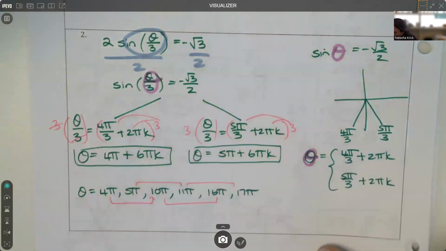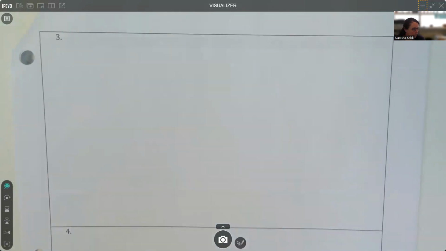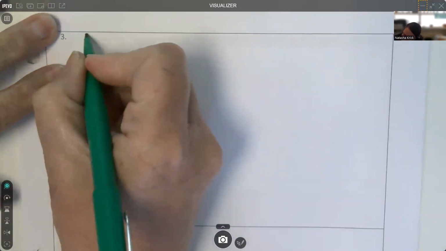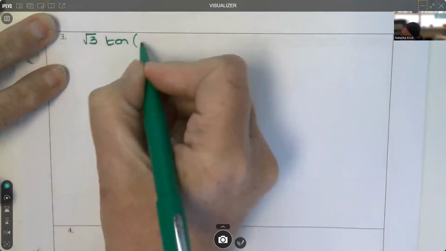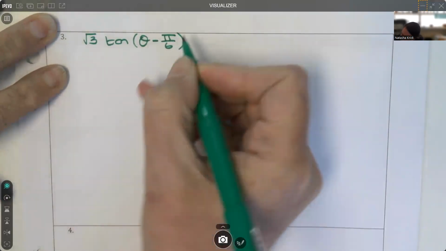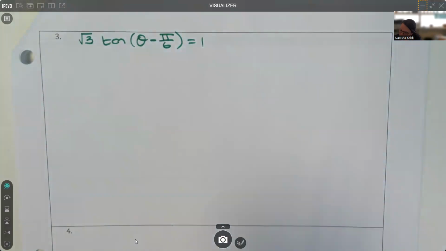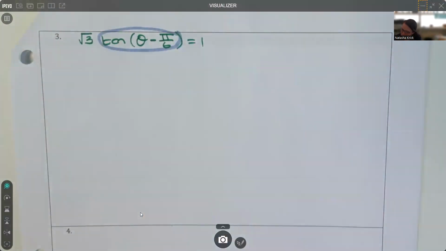All right, let's take a look at another one. So we're going to start with an equation that says the square root of 3 times tangent of theta minus pi over 6 equals 1. We're going to start by getting the tangent by itself.